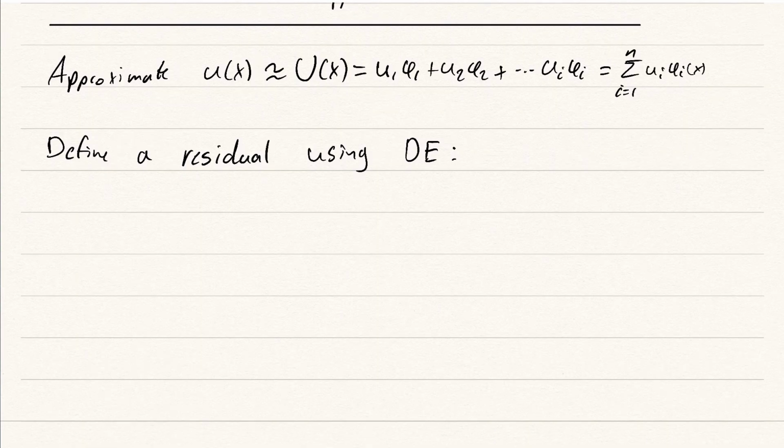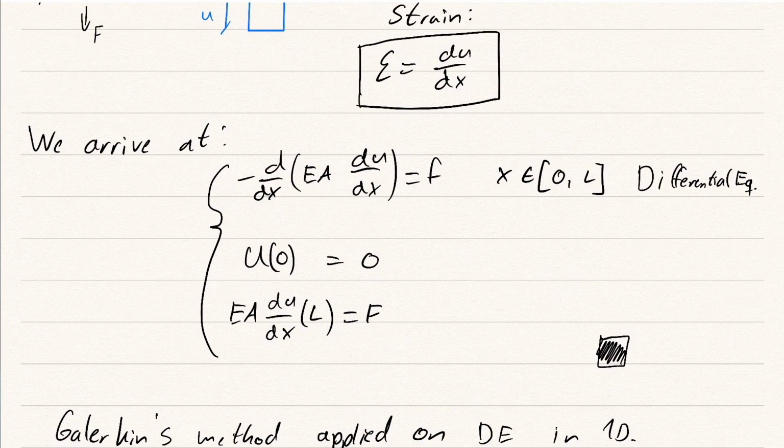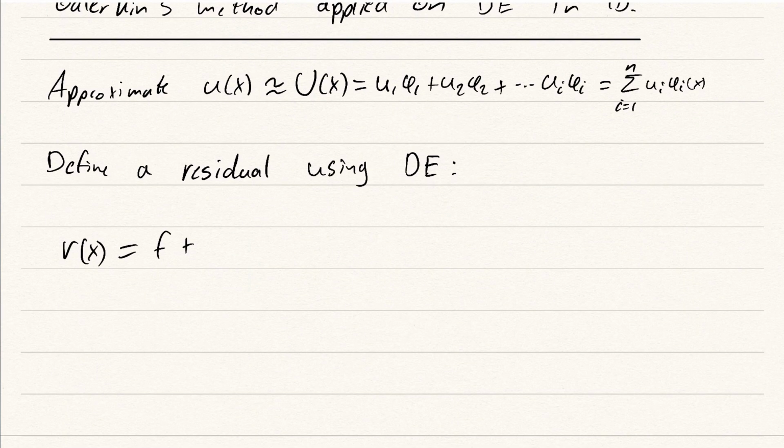So we define r of x to be f plus, because we're looking at this, so basically we're moving that over to this side, and we set that to not be equal to 0.